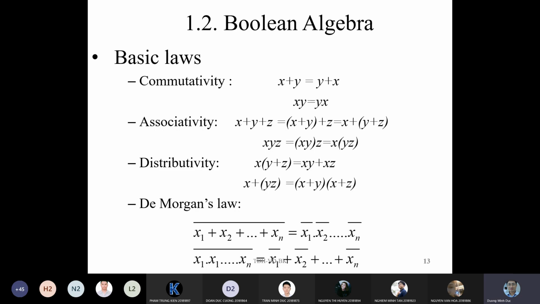Or no comment? Or you don't know? I think in the distributivity, the second equation, the left side is in the simplest form, can't be expressed anymore.